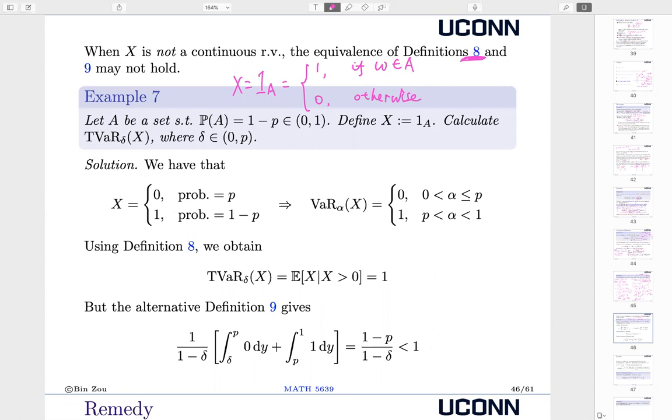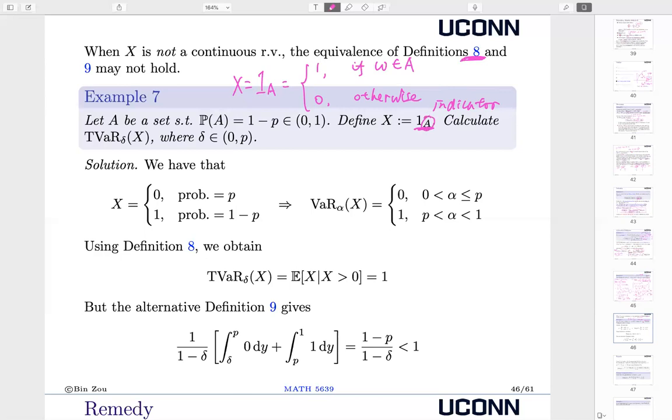Then if tail happens, it's 1; otherwise, it's 0. Or if you consider a dice, you can let A be even numbers. If you throw a dice and get an even number, you get 1. If you get an odd number, you get 0. That is the meaning of the indicator function. It indicates whether this set has happened or not.